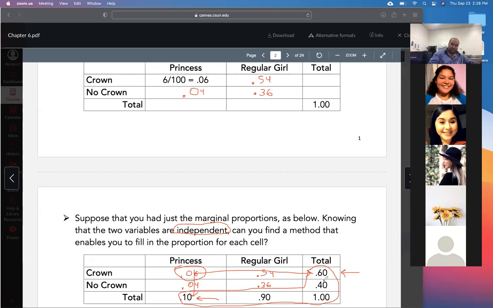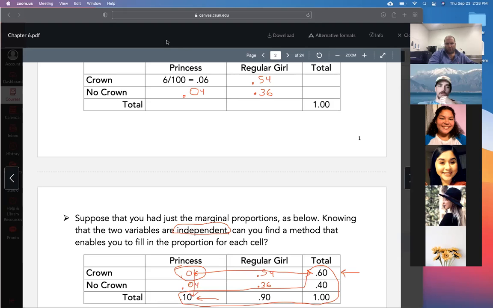Wait, actually, Professor, can you scroll down? I'm not able to see the numbers beneath where you're multiplying. What's the lowest thing you see? I just see the crown line. Interesting, because if I scroll up, my writing does not go with it. Someone also had that issue and said something was blocking it. Every time we talk, the unmute or mute bar comes up, so it blocks that line completely. I think you can drag that to the side of the screen. I have mine on the right side.